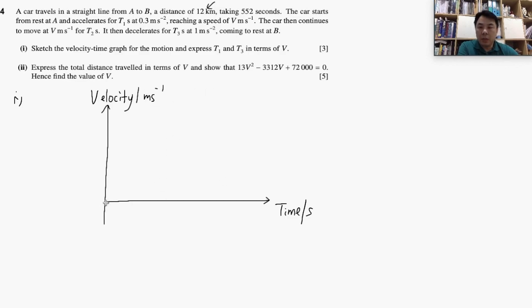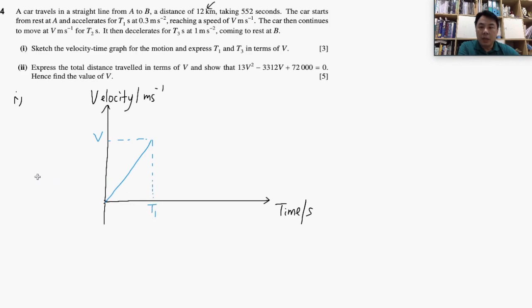So the object starts to move from rest and then accelerates for t1 until you reach a velocity of v. It will look something like this until you reach a velocity of v here after duration of t1.